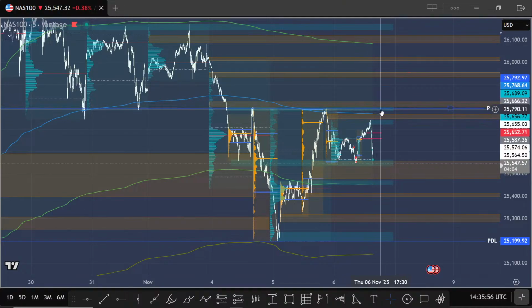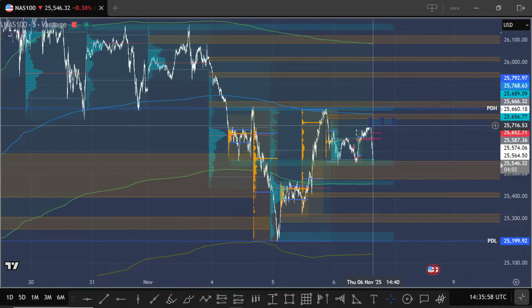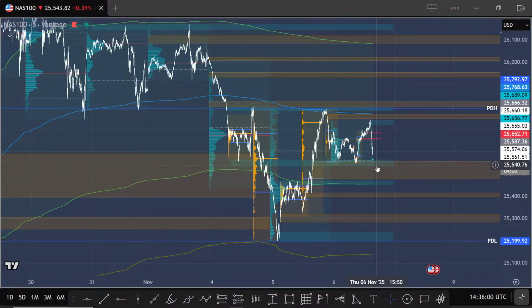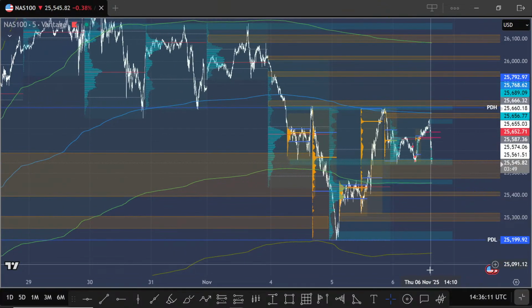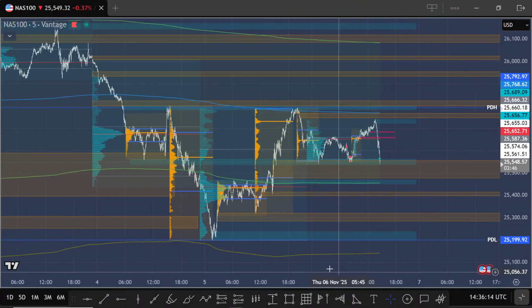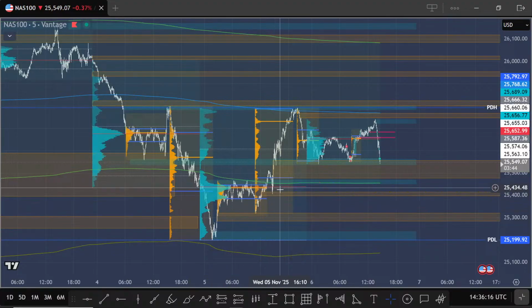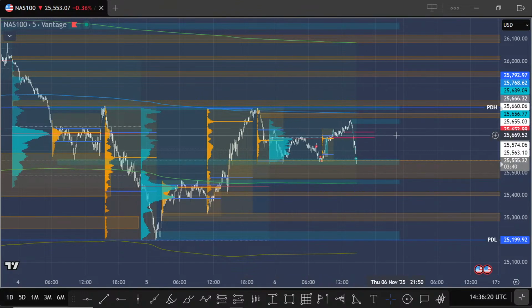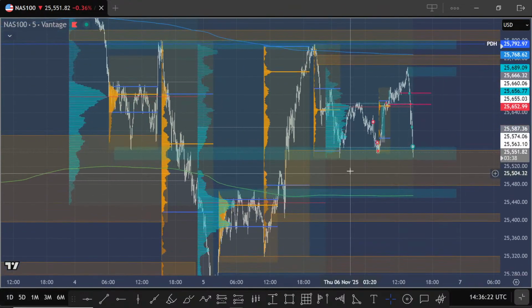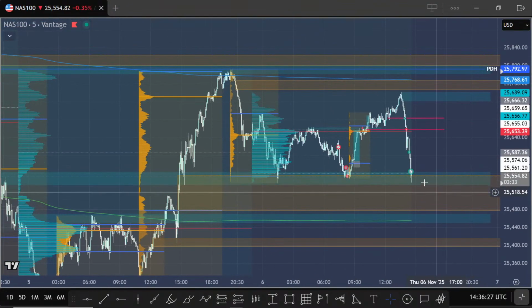So we failed to break above here. I think we want to see the big trades in the right places, and that will give us either an entry or nothing. Low volume node here. This is the low volume area, really, this one. But we've already tested it twice, so this is the third test.